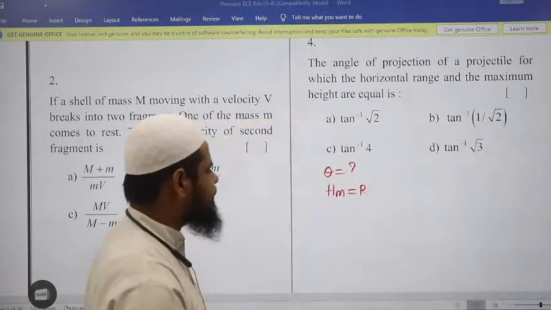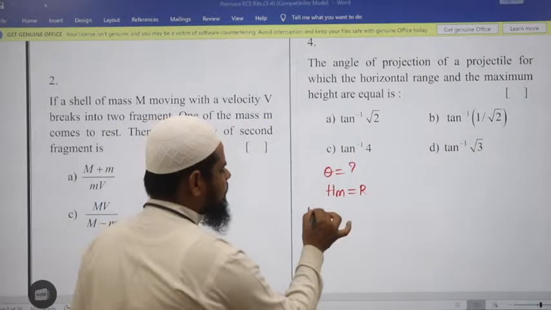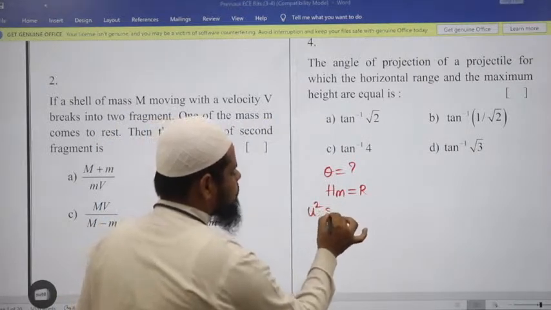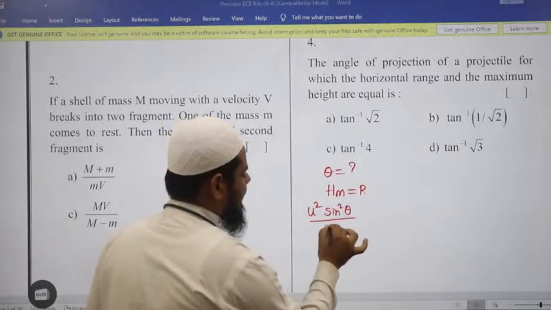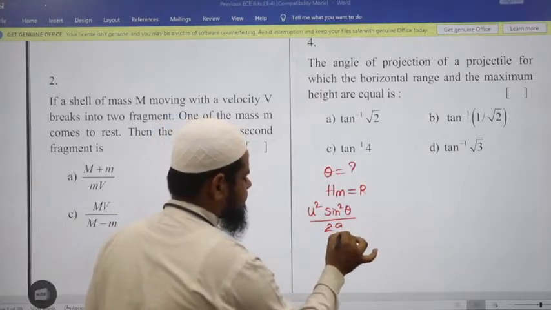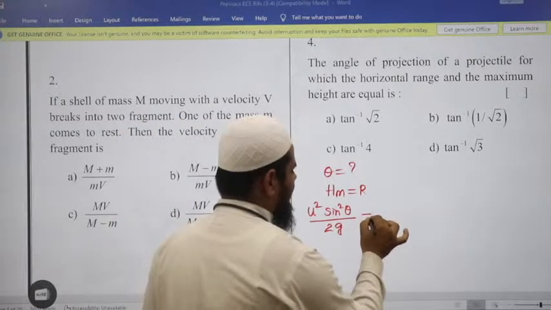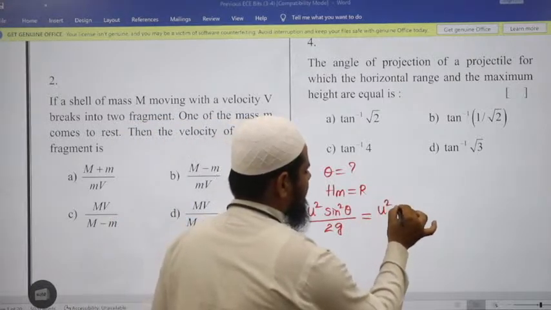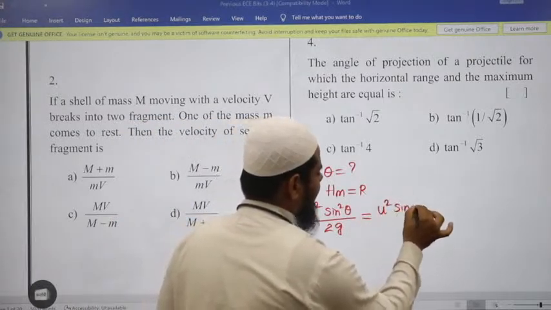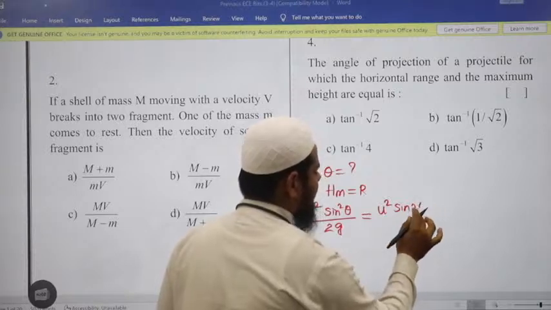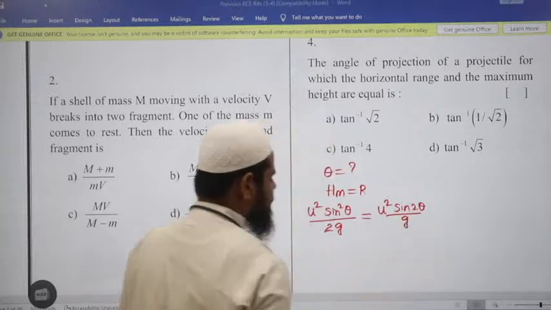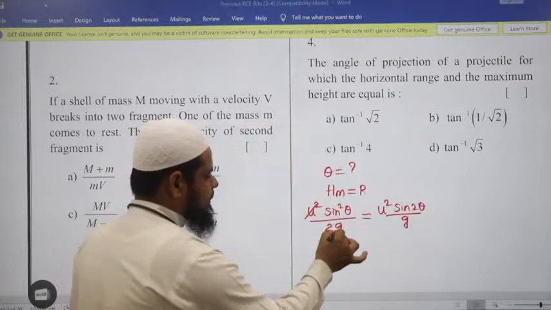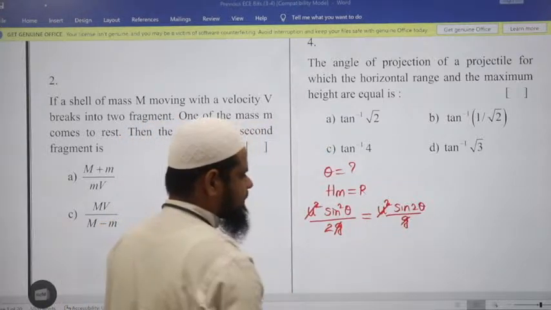Let us see. So what is h max? It is a projectile, so u square sin square theta by 2g. And what is r? U square sin 2 theta by g. So u square by g gets cancelled.